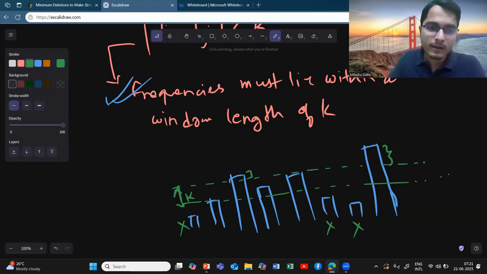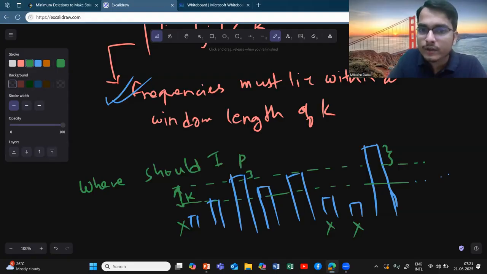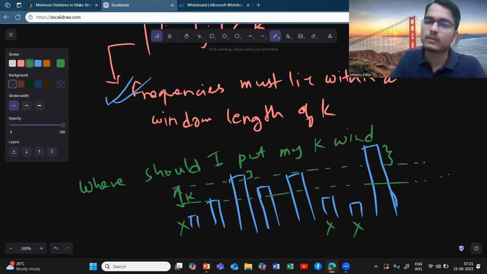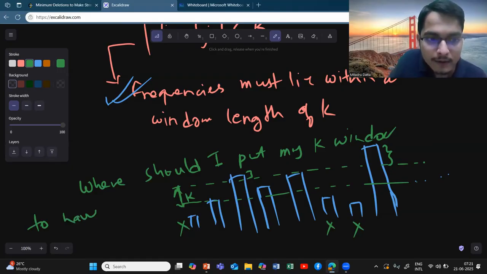So my question becomes, where should I put my k window? The question reduces to, where should I put my k window to have minimum deletions?